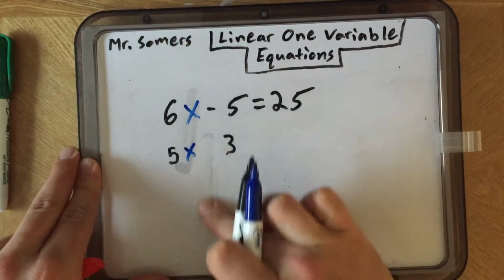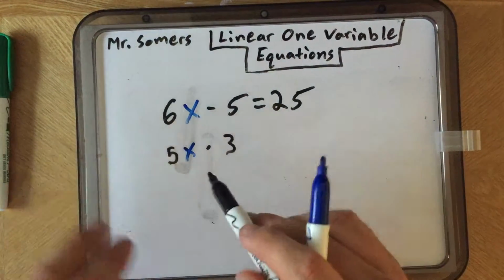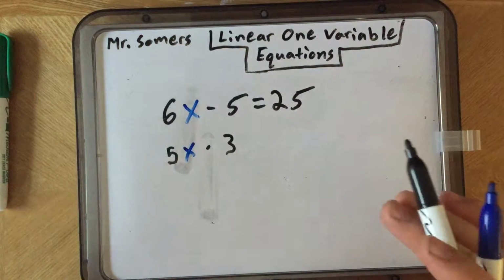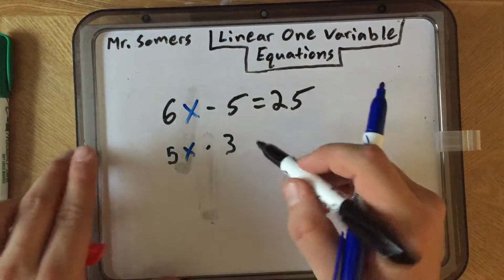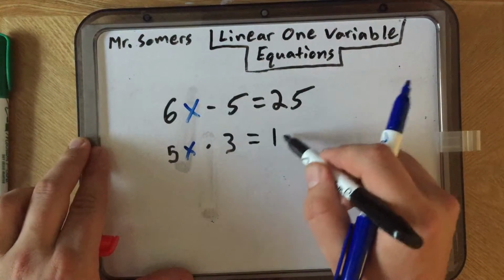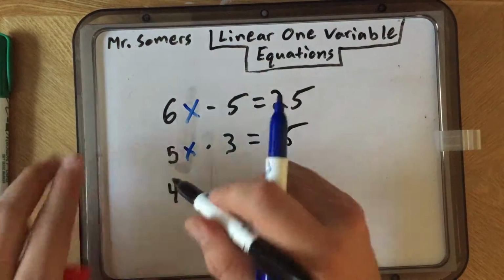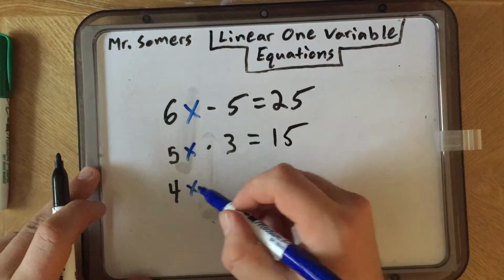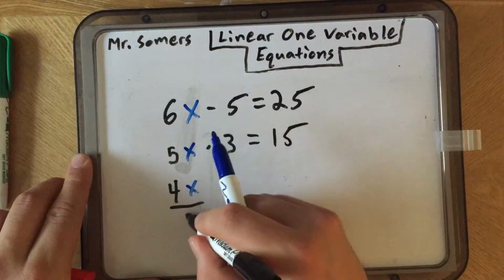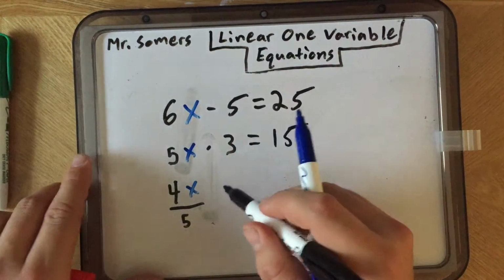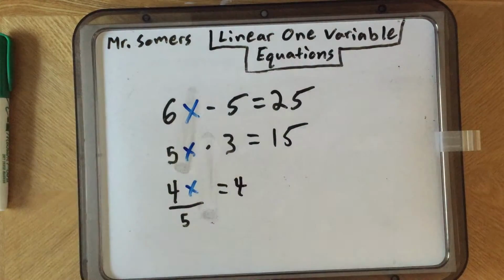To avoid confusion, I'm going to get rid of the x and just put a little dot. That little dot in the middle means multiply. And now we have 4x divided by 5 equals 4.